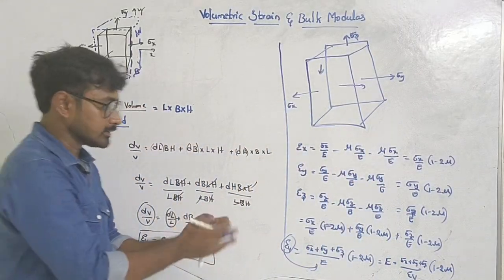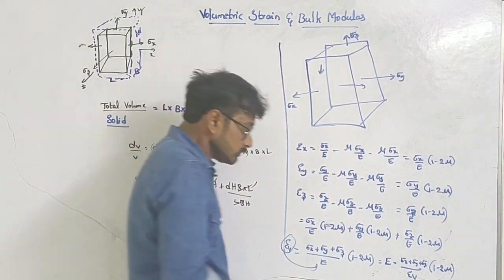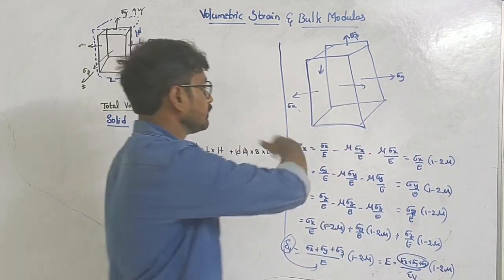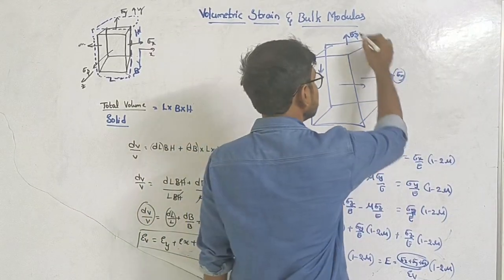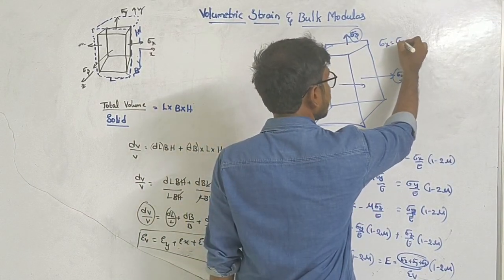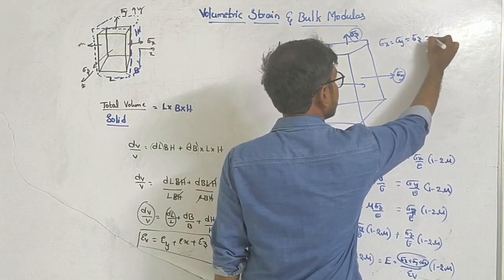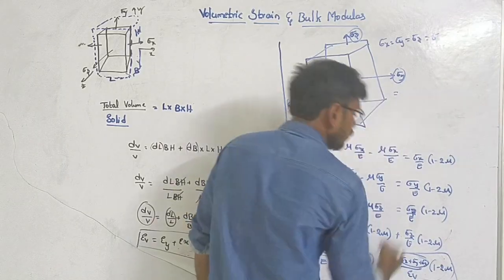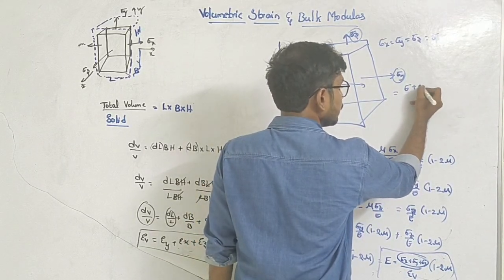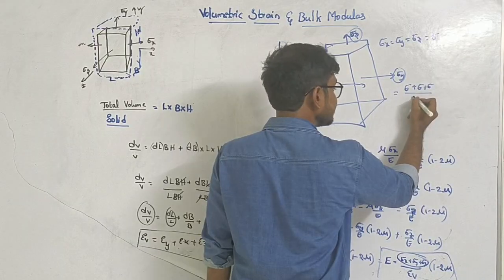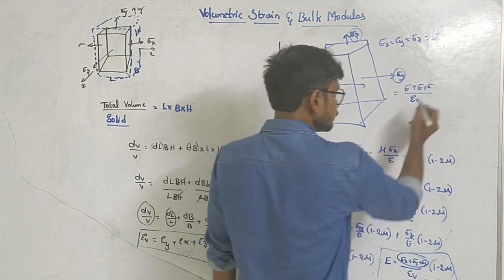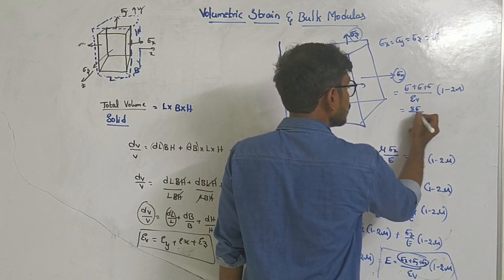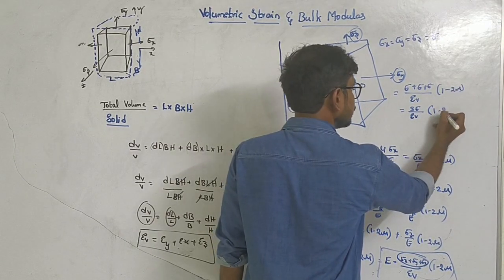Yes, I can, because if the three loads acting upon the solid body are equal, sigma x equal to sigma y equal to sigma z equal to sigma, then the expression becomes sigma plus sigma plus sigma, because the only load is sigma. So it is 3 sigma by volumetric strain into 1 minus 2 mu.